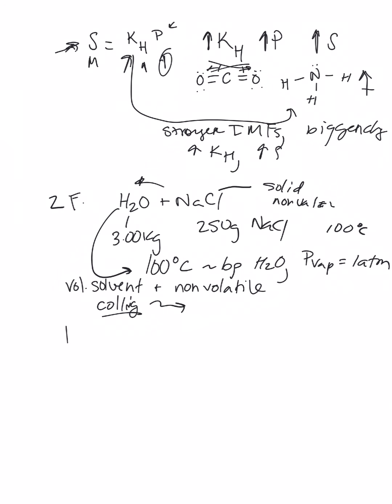So the modified vapor pressure is equal to the mole fraction of the solvent times the vapor pressure of the pure solvent. We have the vapor pressure of the pure solvent, that's 1 atm. What we don't have is our mole fraction.